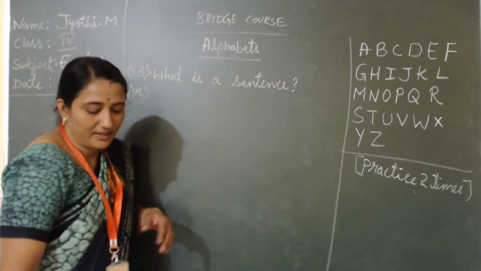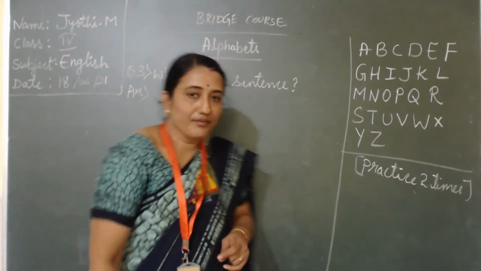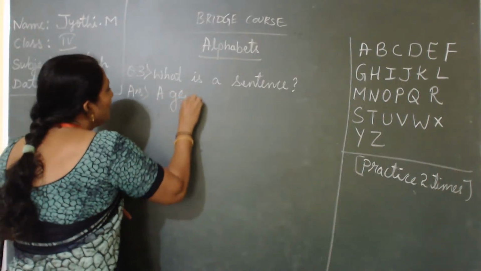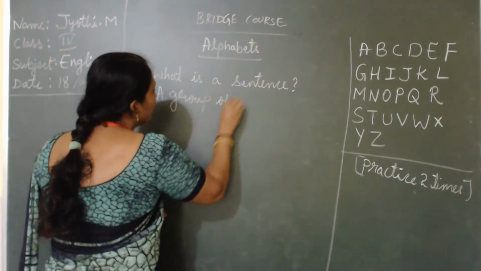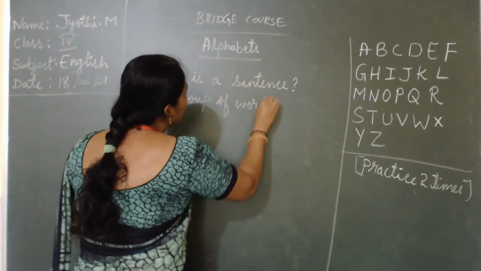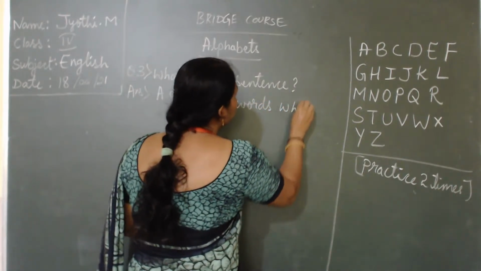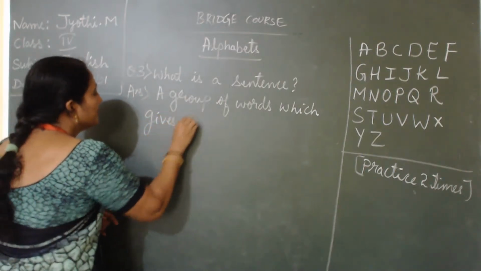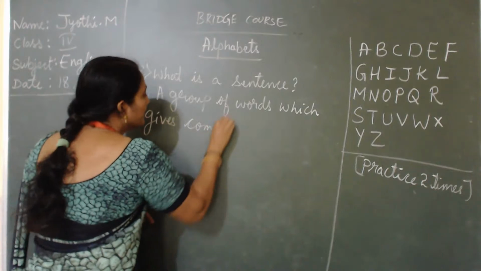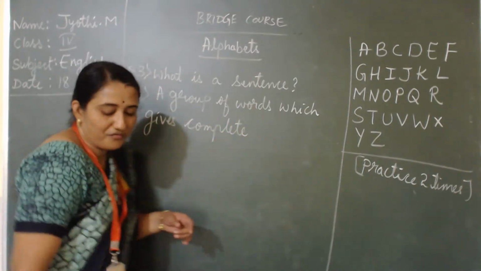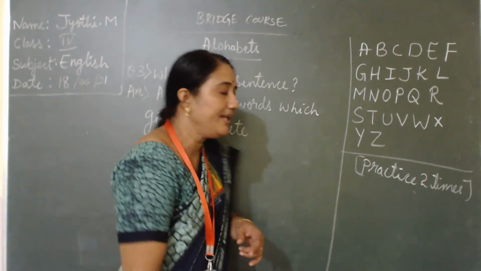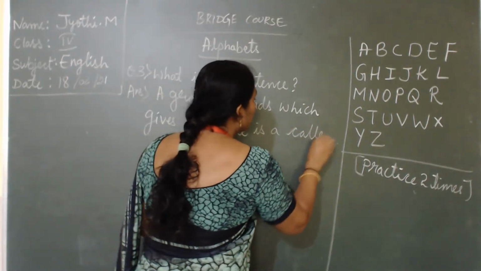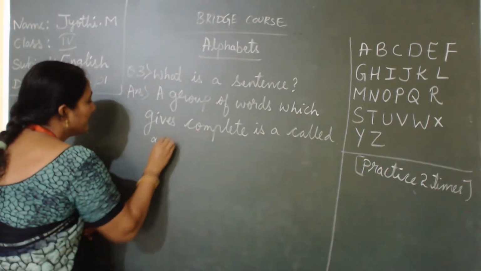What is the sentence, children? A group of words. Again, here also, same thing. A group of words which gives complete meaning is called a sentence.